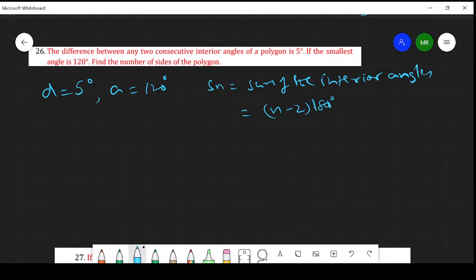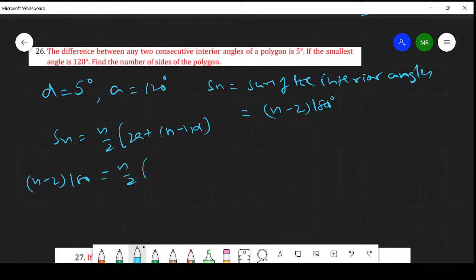This is the sum of the interior angles, Sn. We also have the formula Sn is equal to n by 2 into (2a plus (n minus 1) d). Sn I have taken as (n minus 2) into 180.